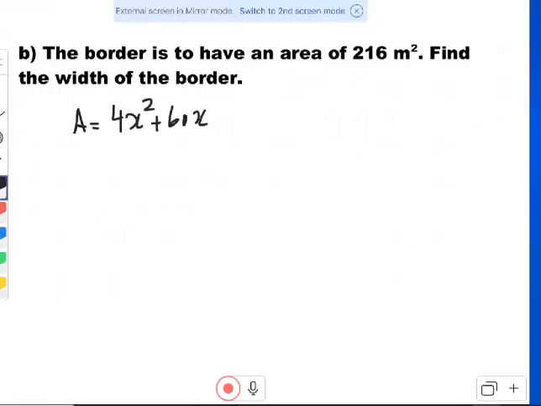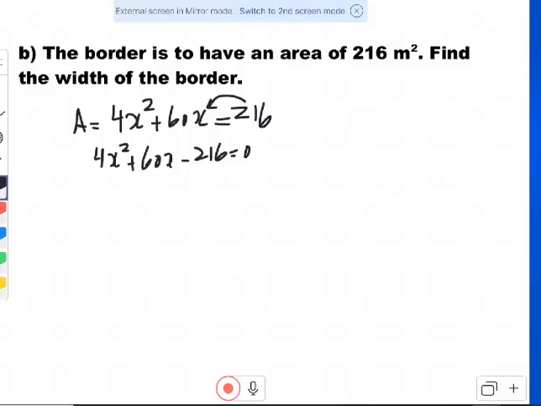The next part of the problem says if the area is 216 square meters, find the width of the border. This means I have to find x if A is equal to 216. I move this to the left, I get 4x squared plus 60x minus 216 is equal to 0.